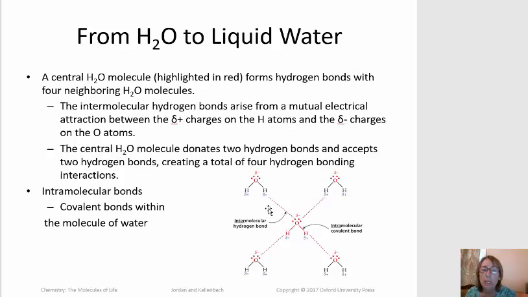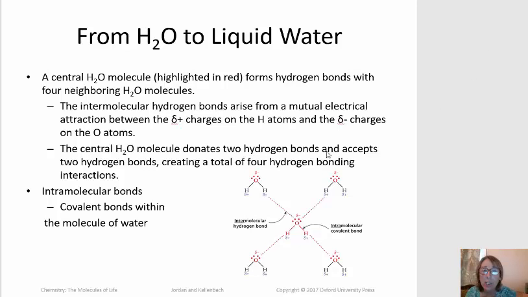And typically we illustrate or model this intermolecular force, this force between molecules, as a dotted or dashed line, whereas the intramolecular covalent bonds are signified by a solid line.